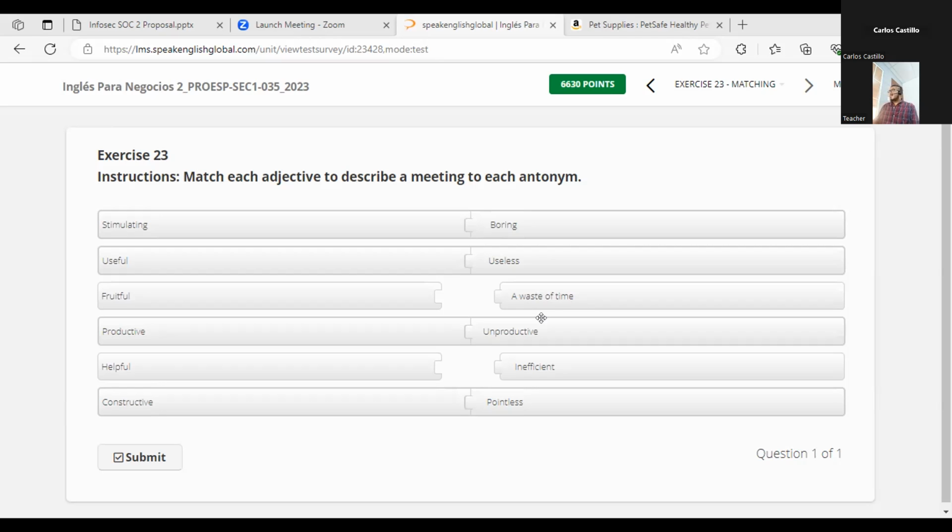To me, that's the correct way, but in the end it all depends on how they set that up. It's exercise 23.